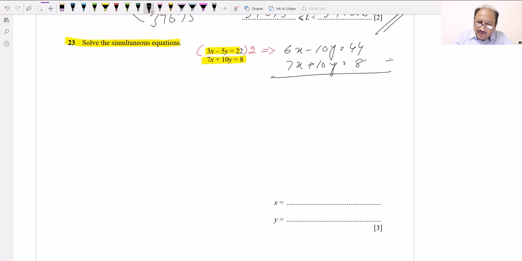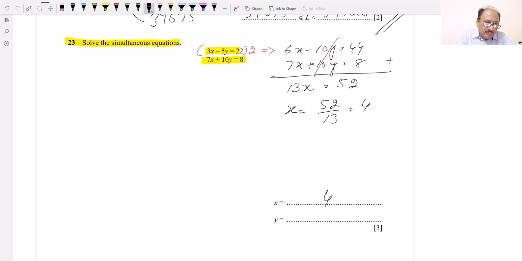We can add, and when we add, y will cancel, and the remaining equation will be 13x is equal to 44 plus 8, which is 52, and then x will be equal to 52 over 13, which is equal to 4. So the x value is 4.